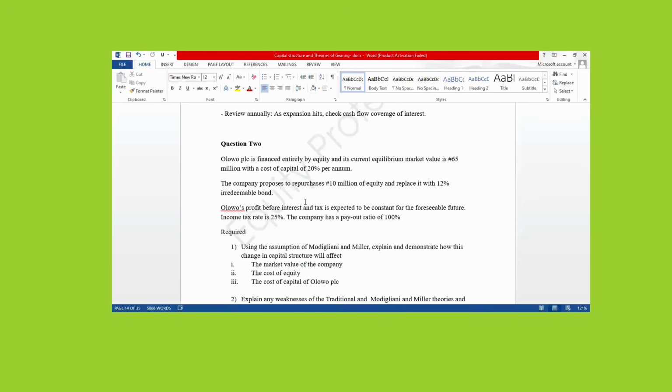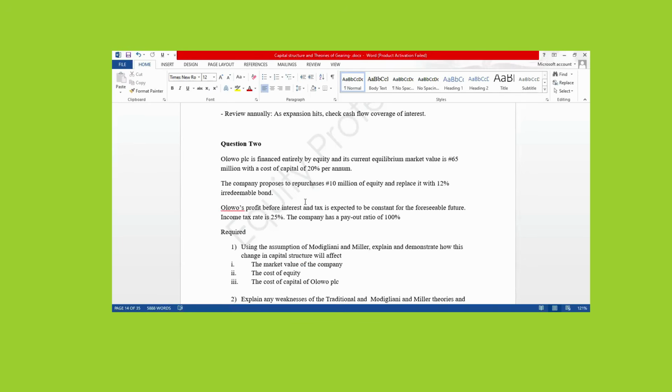The company proposes to repurchase 10 million naira of equity and to replace it with 12% irredeemable bond. Look at that second paragraph.